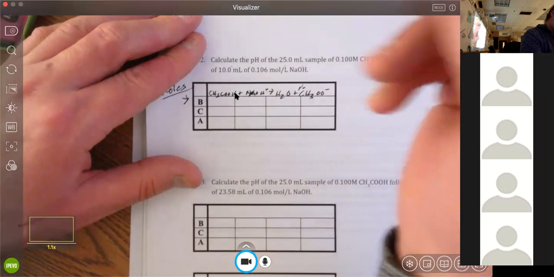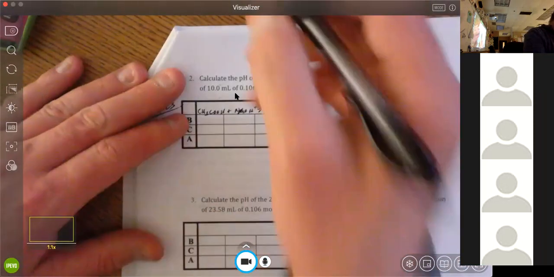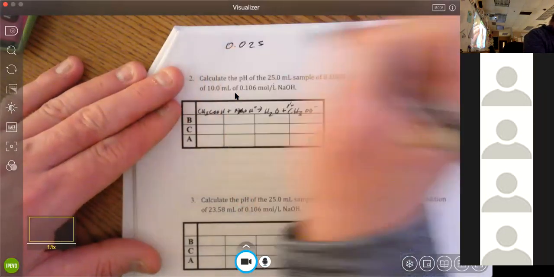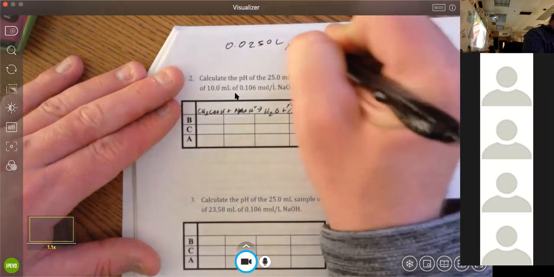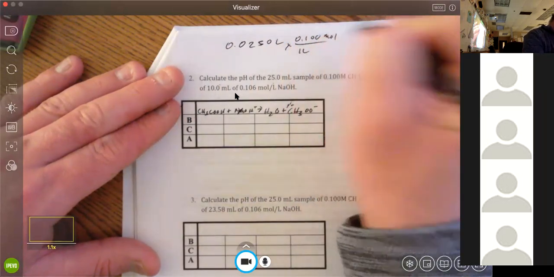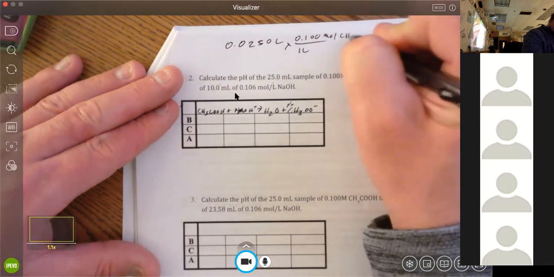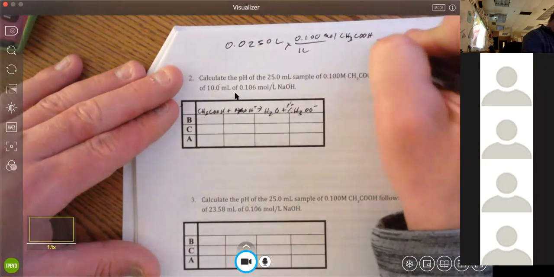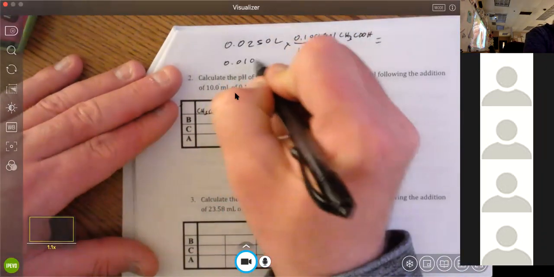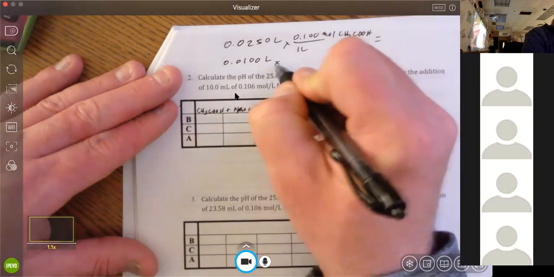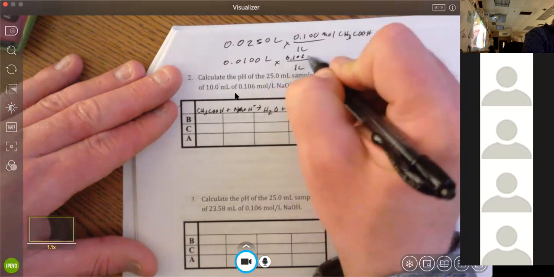I'm going to go up here. I'm going to make these conversions in my head, if you don't mind. 0.0250 liters. Every 1 liter is 0.100 moles of CH3COOH. Down here, we have, again making the conversion in my head, every 1 liter is 0.106 moles.